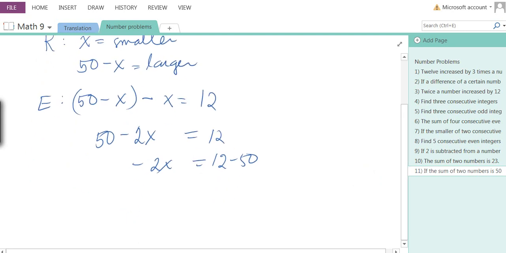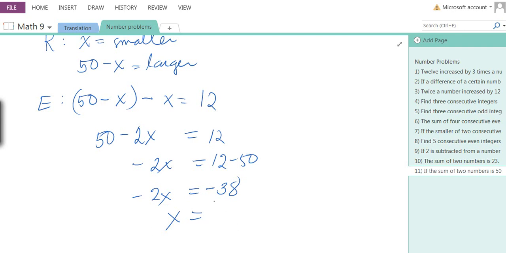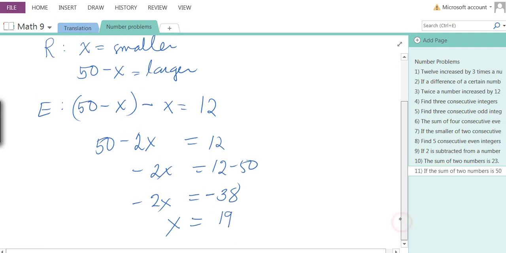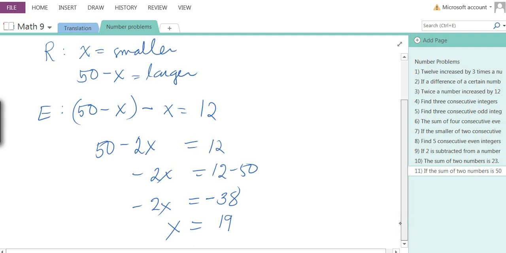Simplifying, we'll get here -38. And then -2x, divide both sides by -2, we'll get positive x and positive 19. So that is my smaller number.